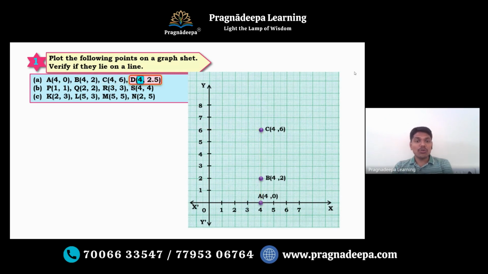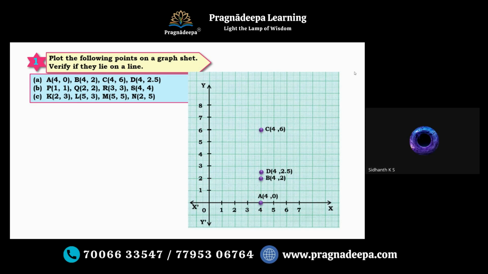Similarly, go 4 units on the x-axis and 2.5 units on the y-axis. How will you go 2.5 units? It is the mid of 2 and 3. Yes, it is the mid of 2 and 3. Join and name it as 4 comma 2.5. Is this clear?